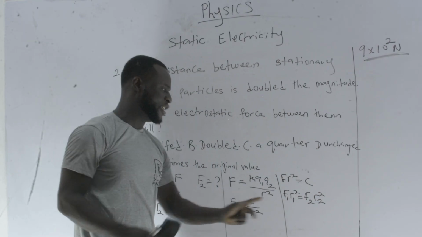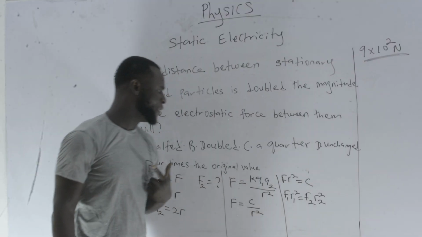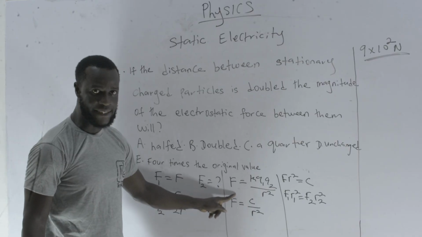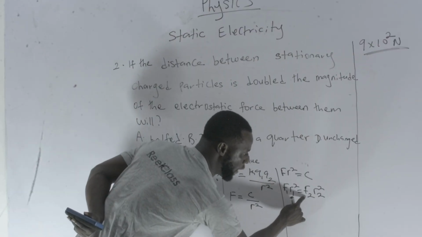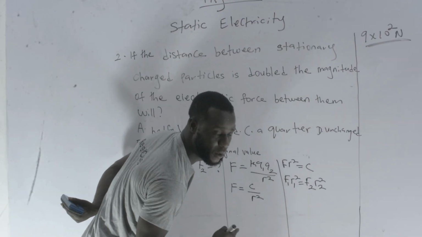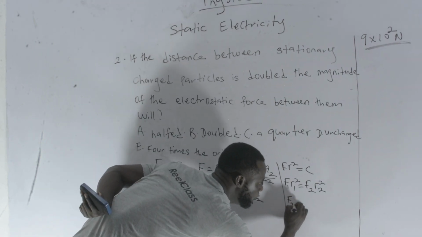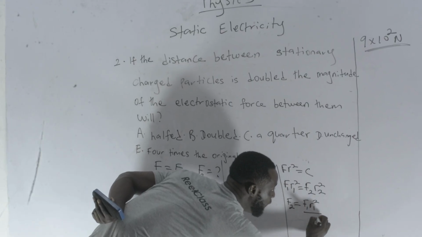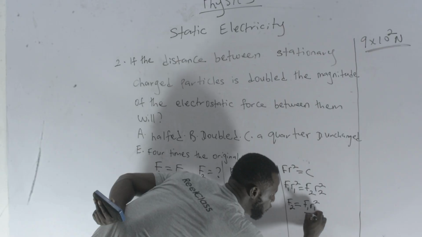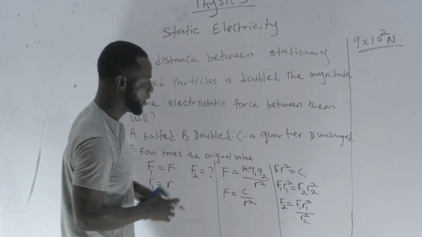Now you can consider this as a new equation, but I would not want a student to memorize this. You can always get it from here, anytime, any day. So doing this, I'm looking for F2, then I'll make F2 subject of formula. I'm going to have F2 to be equal to F1 R1 squared over R2 squared.